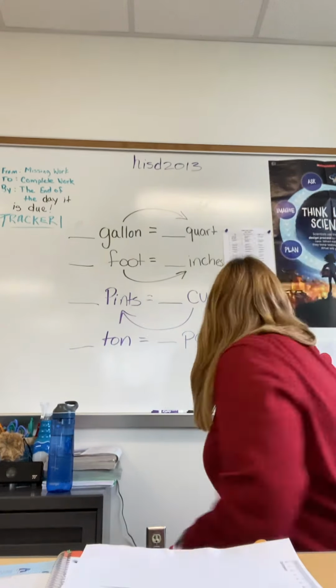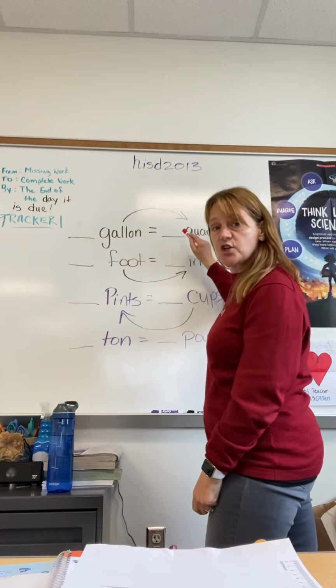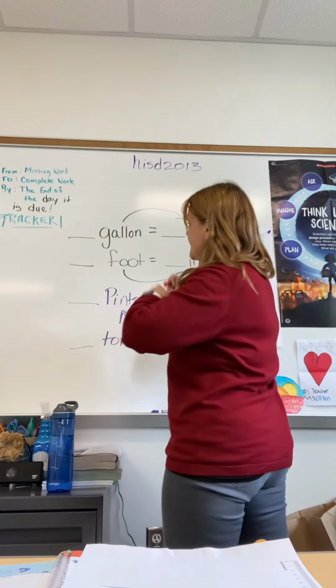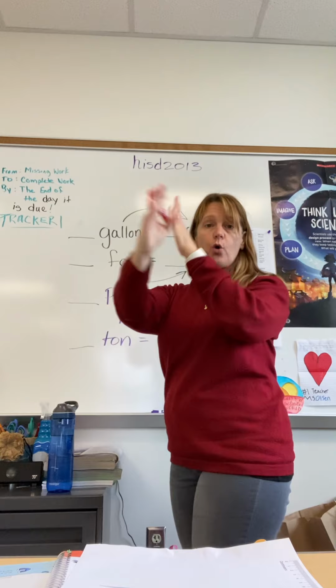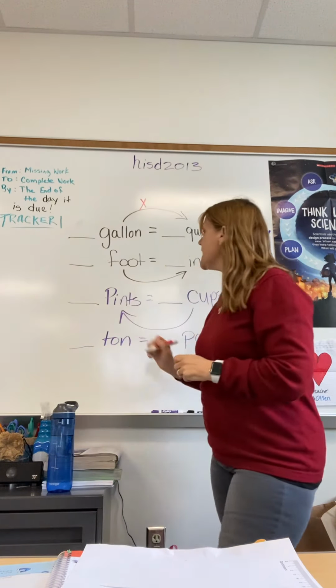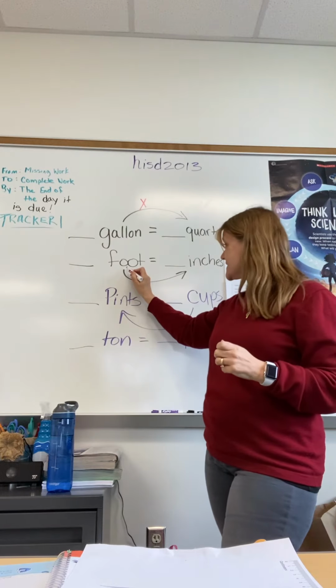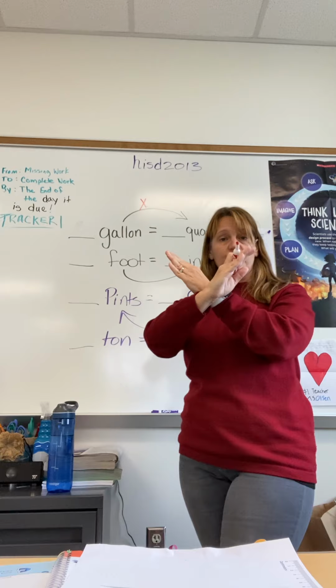So if we are looking at gallons and we're going to quarts, then gallons, we have to do our hands, gallons are bigger, quarts are smaller, so we multiply. If we go from feet to inches, a foot to an inch, we multiply.